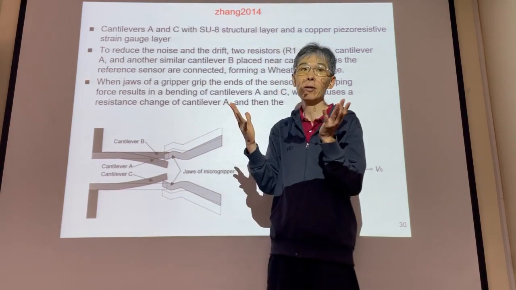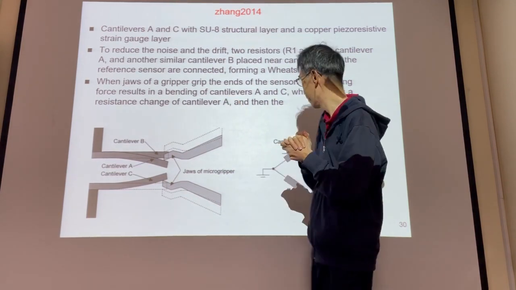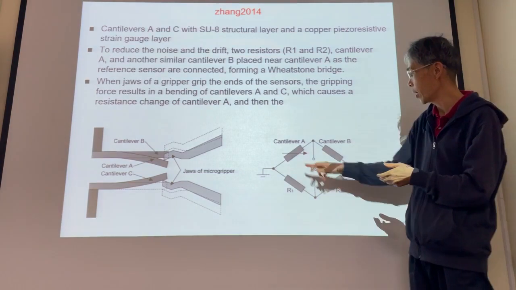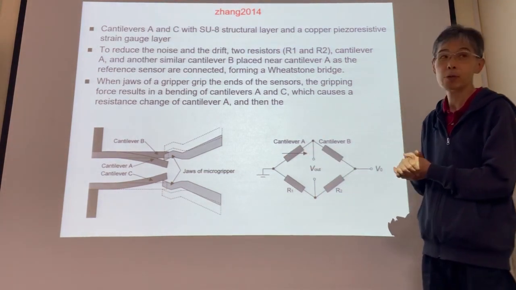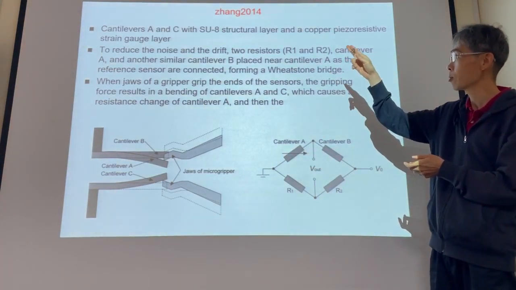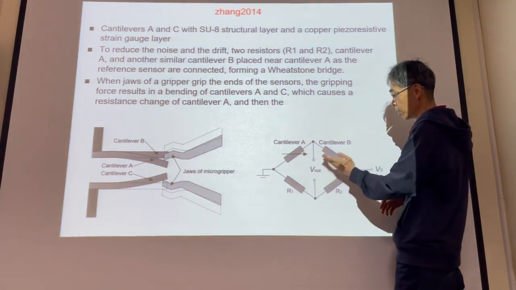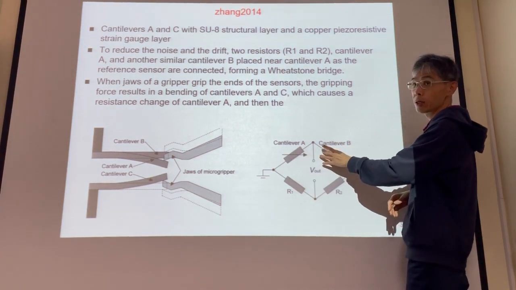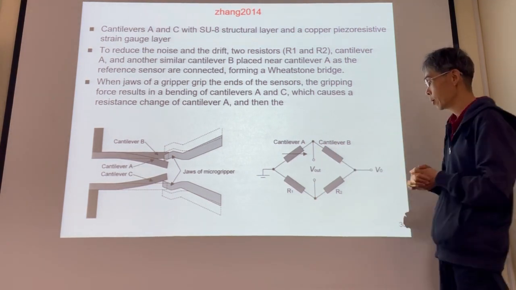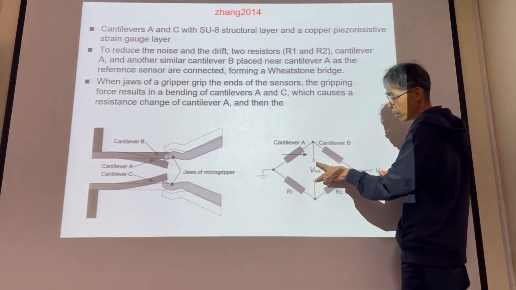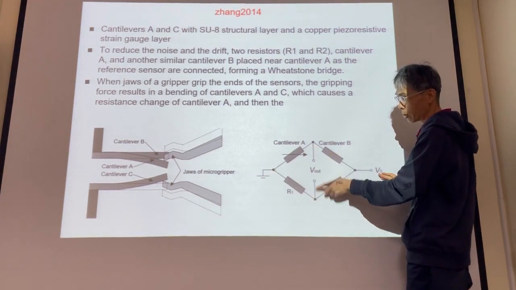So RA will be varied. See, this is a Wheatstone bridge. So RA will be varied for this device, John 2014 work. So RA varies and cantilever B resistance stays the same. Then V out, supply voltage, ground here. We measure V out at these 2 points.